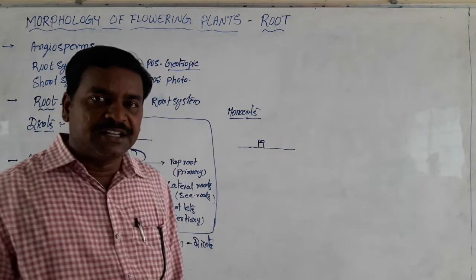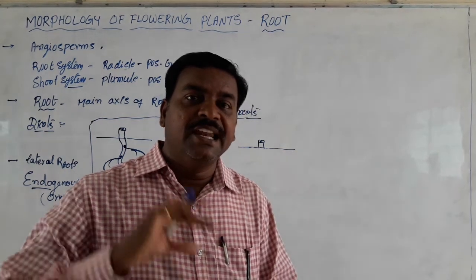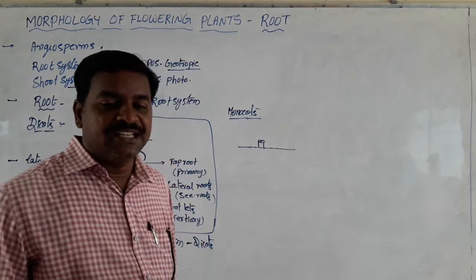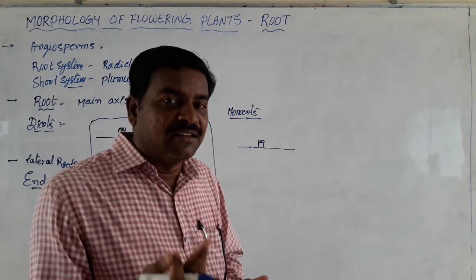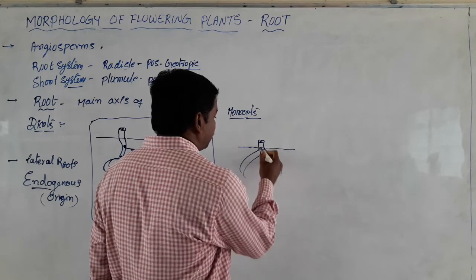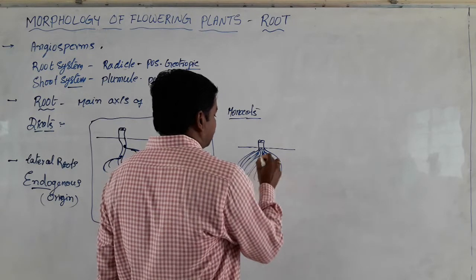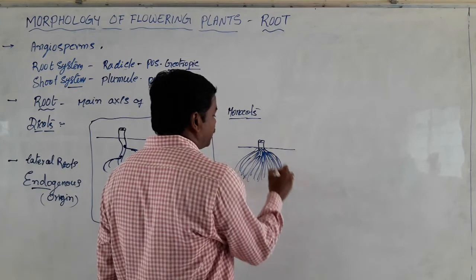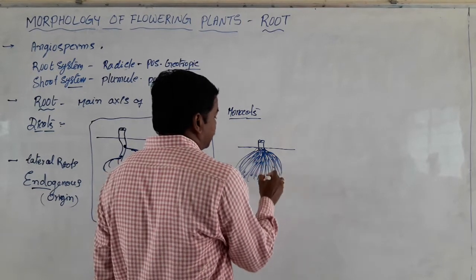In monocotyledonous plants, initially a taproot is formed, but soon this taproot is replaced by a tuft of slender, hair-like, identical roots, like this.